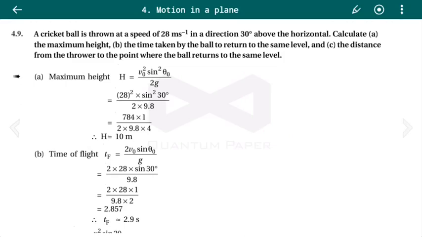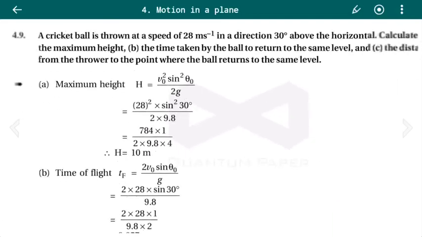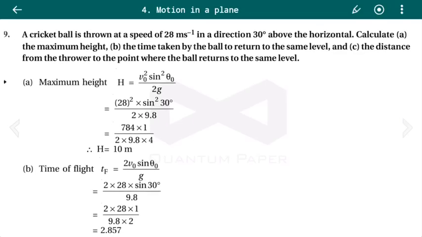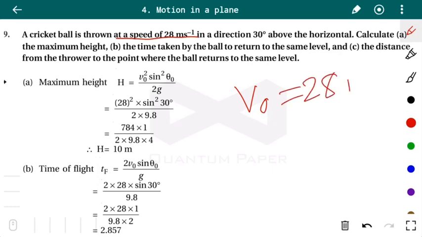So here height, its formula is v0 square sin square theta 0 upon 2g. G here we are taking as 9.8 meter per second square. V0, here it is given that a cricket ball is thrown at a speed of 28 meter per second. So here V0 is 28 meter per second.